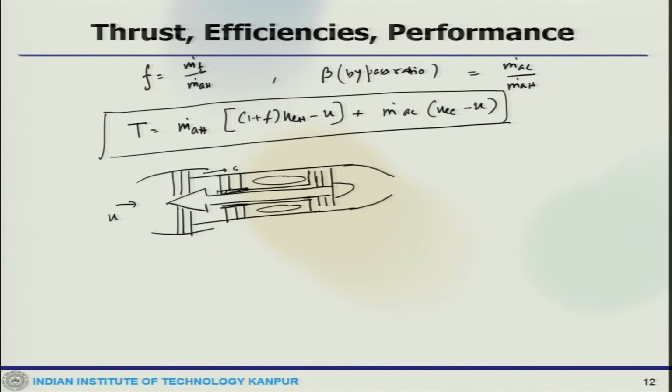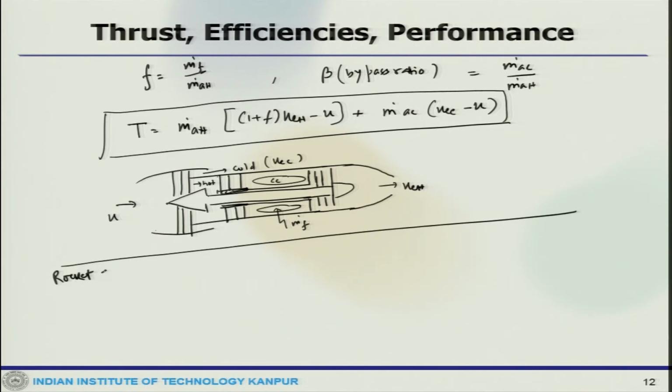This is the cold and this is the hot; this is the combustion chamber, compressor, and finally this is U_Eh and this is U_Ec. Here you have m dot f.